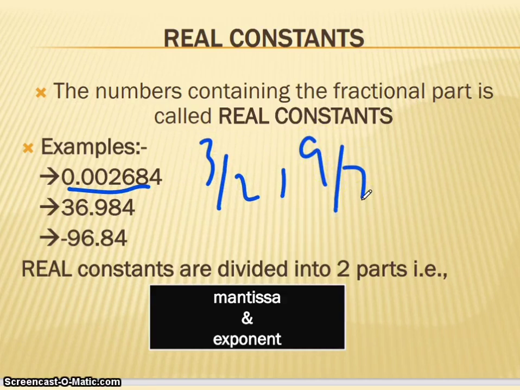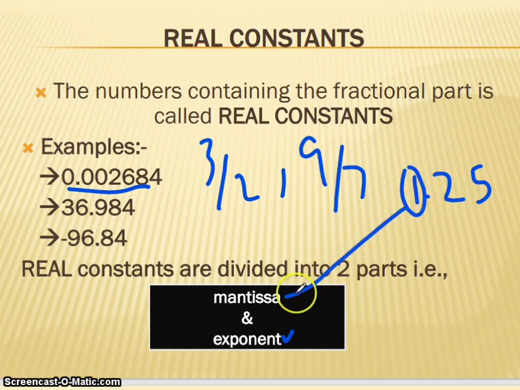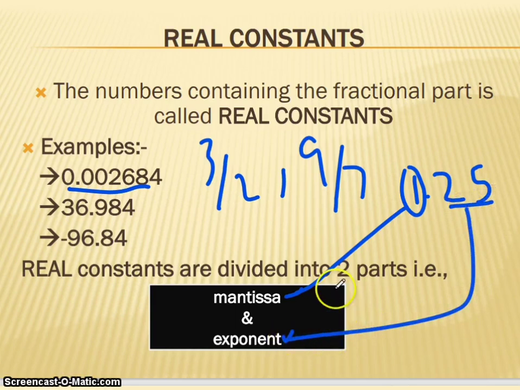These all are real constants. Real constants are divided into two parts, that is mantissa and exponent. If I write 1.25, then the integer part, that is 1, is known as mantissa and the decimal part is known as exponent.